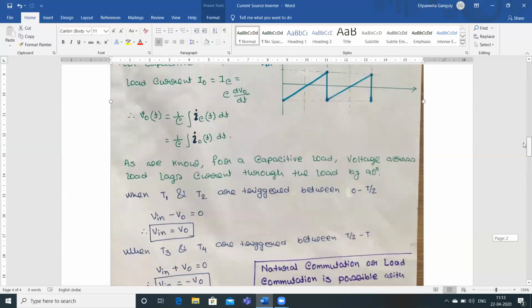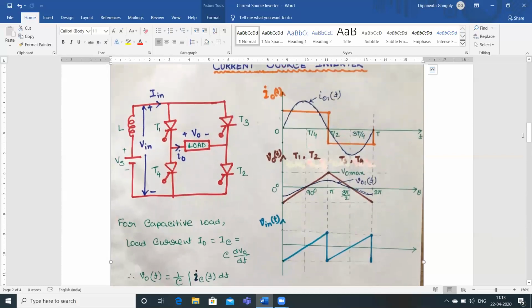From this discussion you see that after conduction of T1 and T2, T3 and T4 will be turned on. When T1 and T2 are conducting from 0 to pi, next, when T3 and T4 are gated, plus is coming across T1 and minus is coming across this terminal.